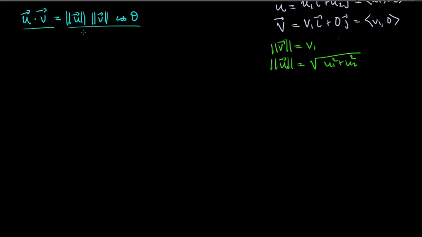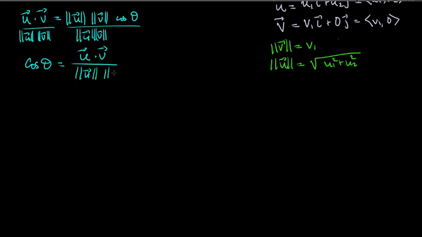I hate to write it over again, but here it is. So the cosine of the angle between two vectors is the dot product divided by the product of the two magnitudes. So we can think of this as a formula for theta.